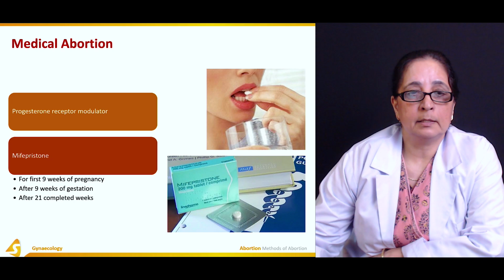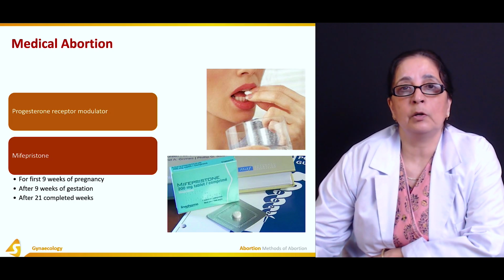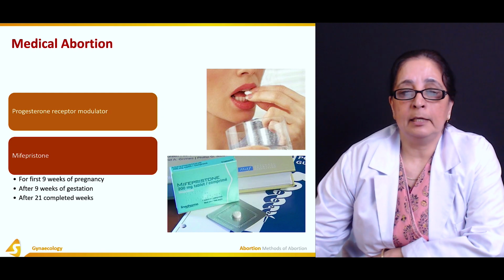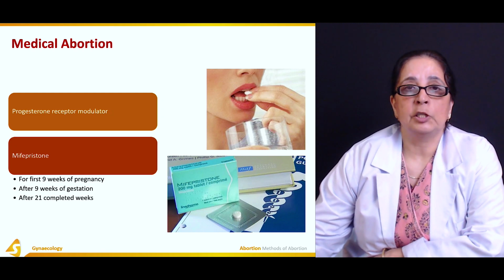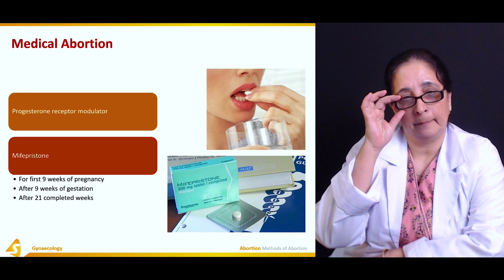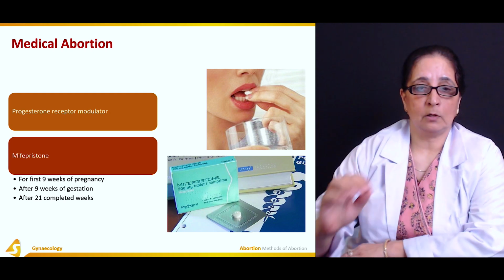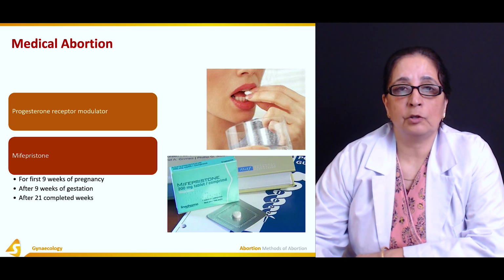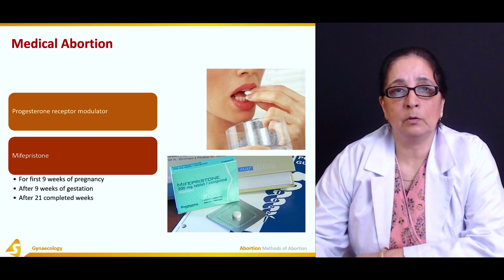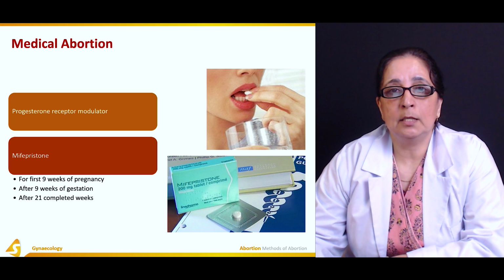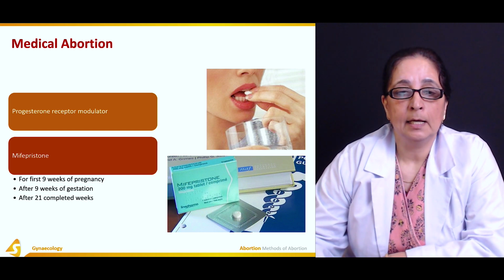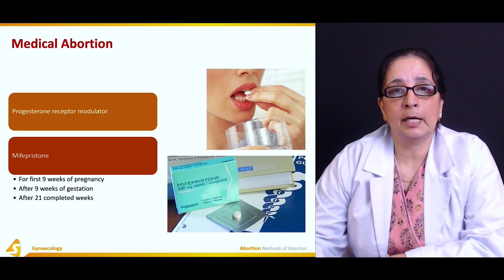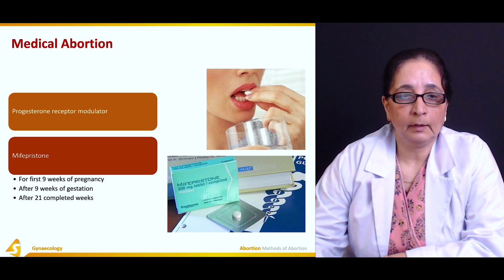So when this medicine is used, it causes uterine contractions and leads to the expulsion of the product of conception. Usually this medicine is also combined with misoprostol. Misoprostol also causes release of prostaglandins and increased uterine contraction.